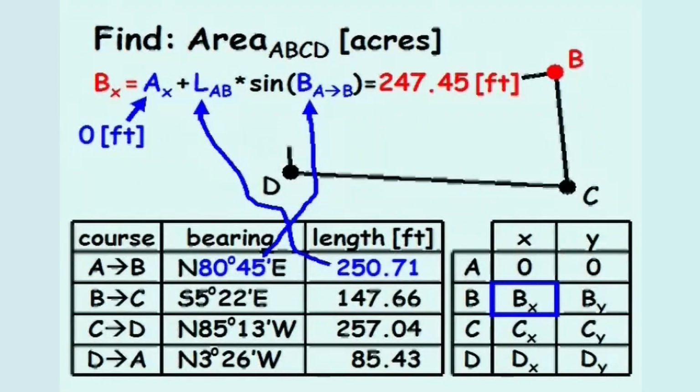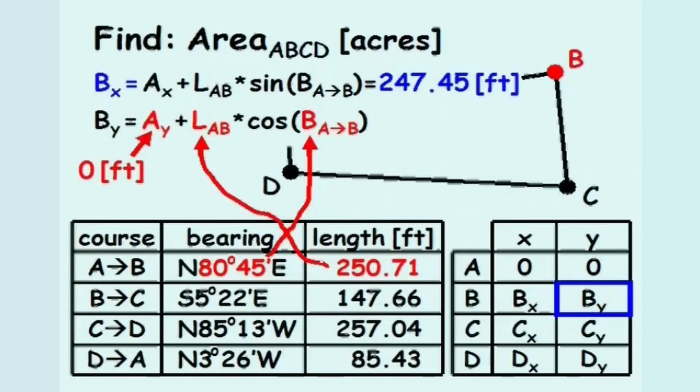We can find the y-coordinate of point B by adding the y-coordinate of point A to the length of line segment AB times the cosine of the bearing of course AB, which equals 40.30 feet.